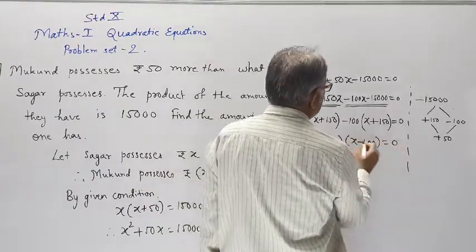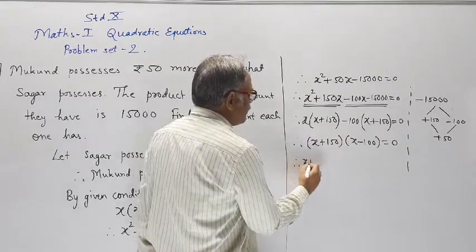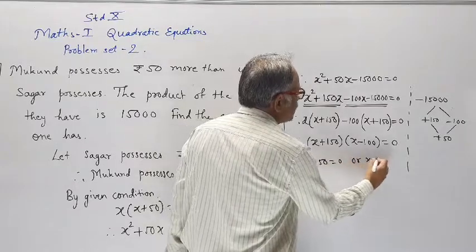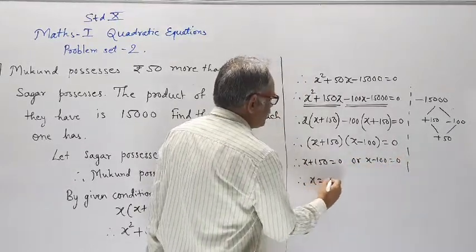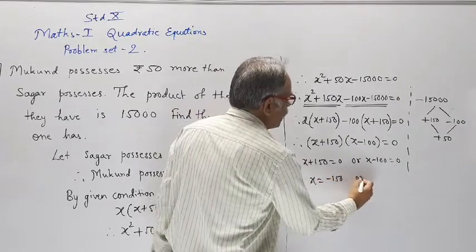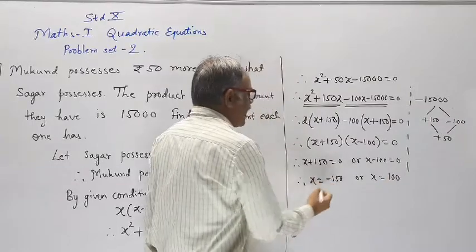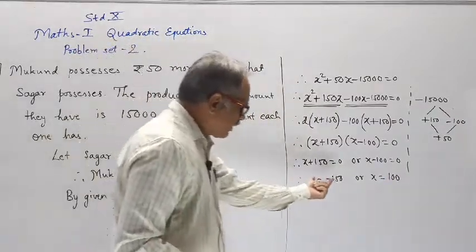When the product of 2 is 0, one must be 0. Therefore, x plus 150 is 0 or x minus 100 is 0. Therefore, x is minus 150 or x is 100. x is the amount Sagar possesses, and an amount cannot be negative.